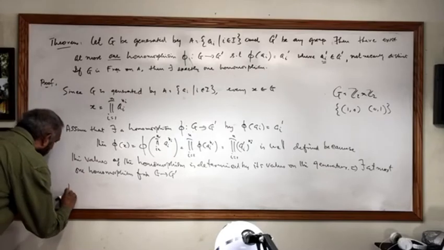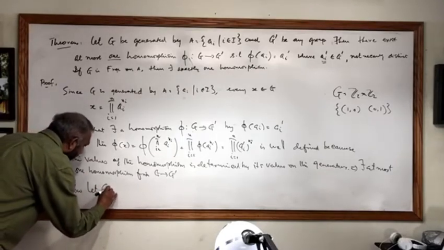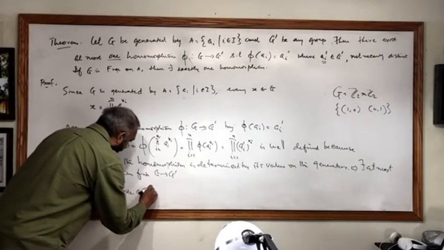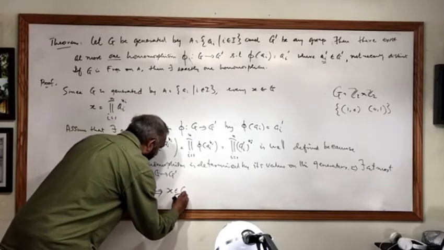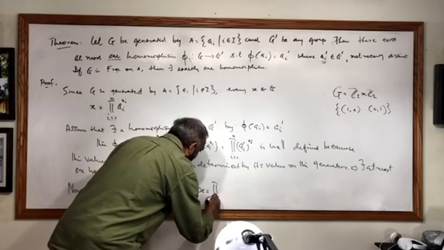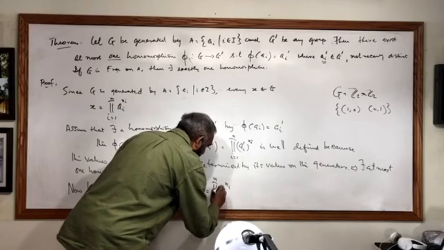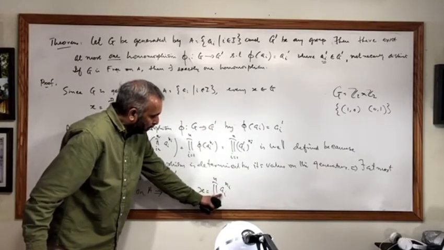Now, let G be free on A. This implies x belongs to G, so x is equal to the product over i from 1 to n of a_i^{n_i}. Here the a_i's are not necessarily distinct because they can repeat.